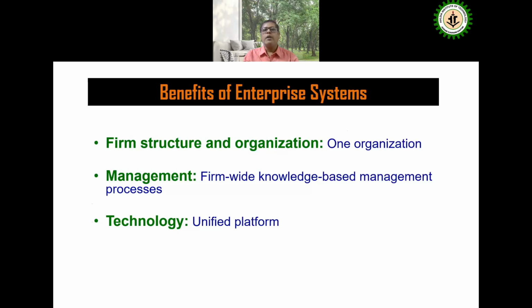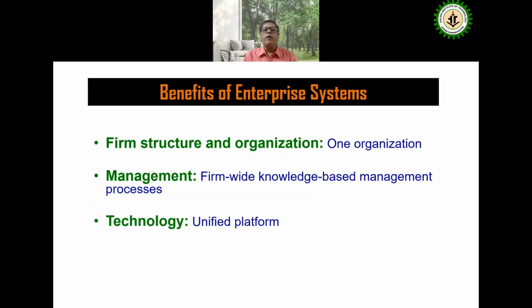That means since ERP integrates all the other business functions into a common unified platform, instead of using separate information systems for separate business functions, it is a common platform that supports all the business functions in a single platform. So there is a single information system that can support all the functionalities of the organization.